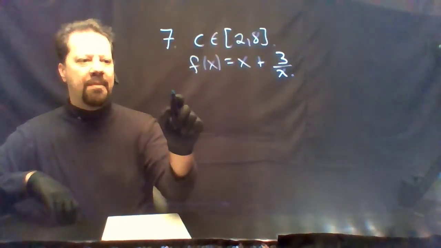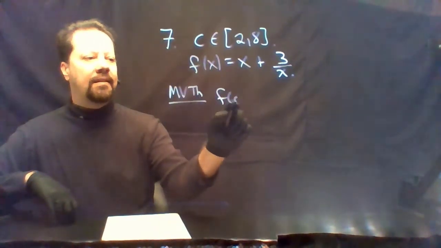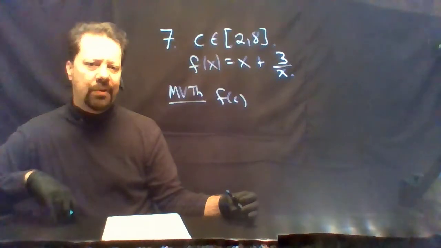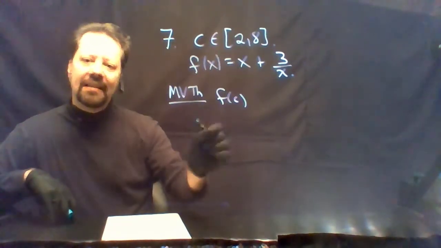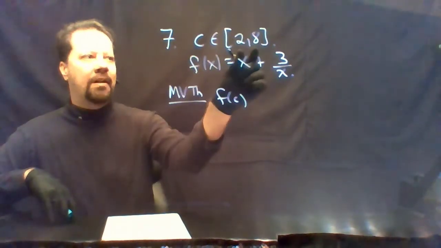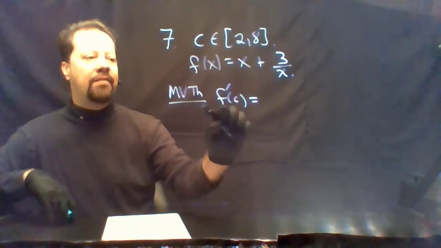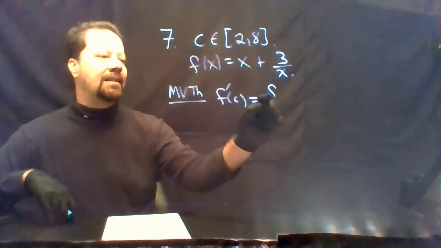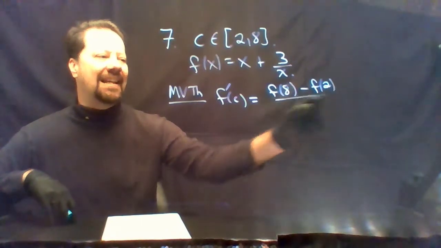You might remember the mean value theorem tells you that provided the function is sufficiently smooth, namely continuous on the closed interval 2 to 8 and differentiable on the open interval 2 to 8, then there has to be some point c where the derivative at c is equal to the slope of the secant line.